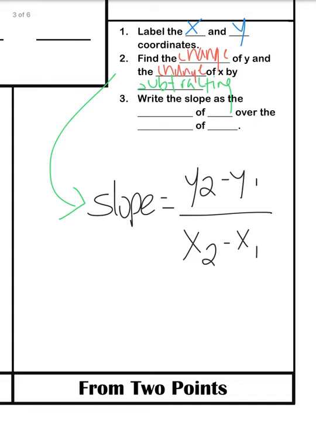And we're doing this now when given 2 points by simply subtracting. Once we do this, we can write the slope as, once again, the change of y over the change of x.